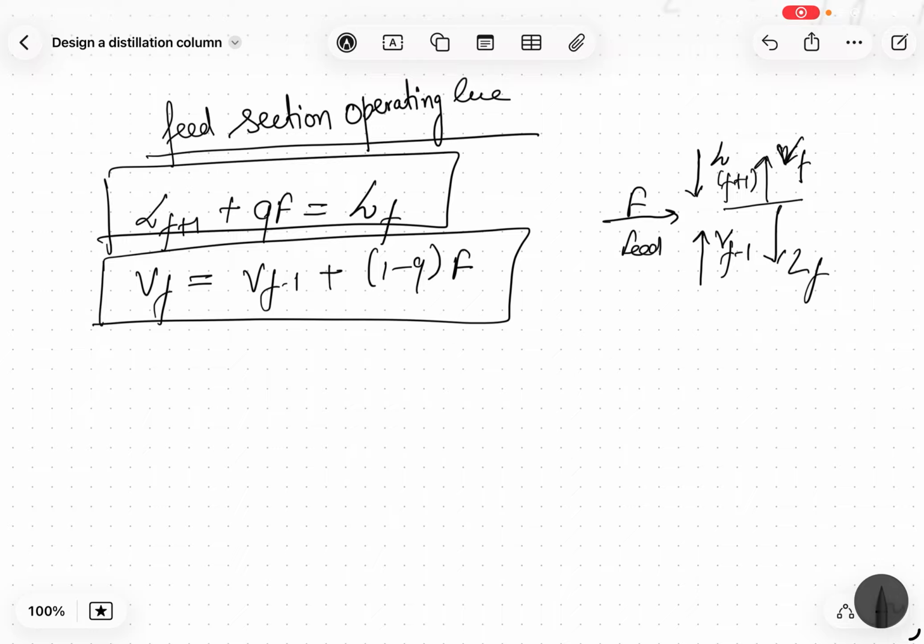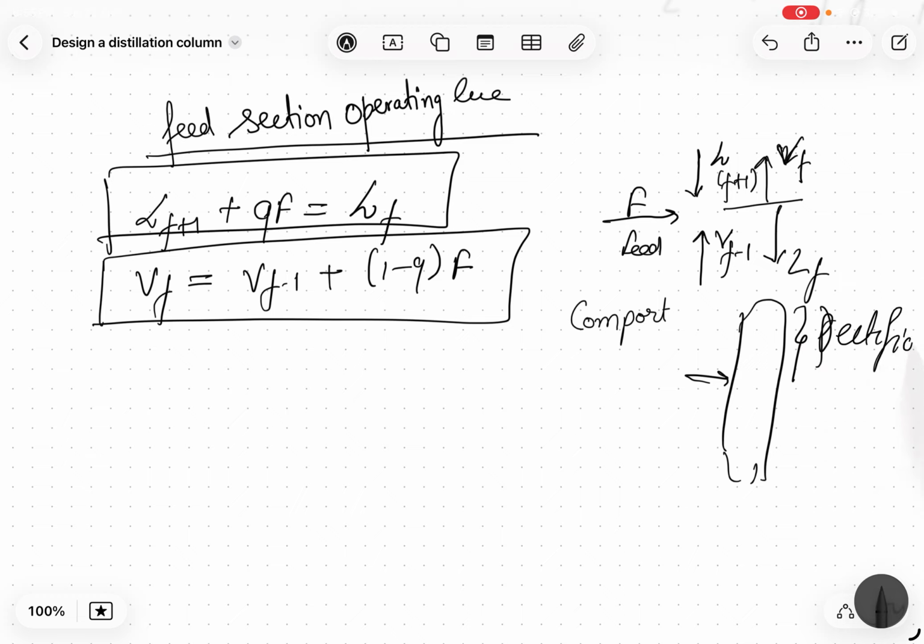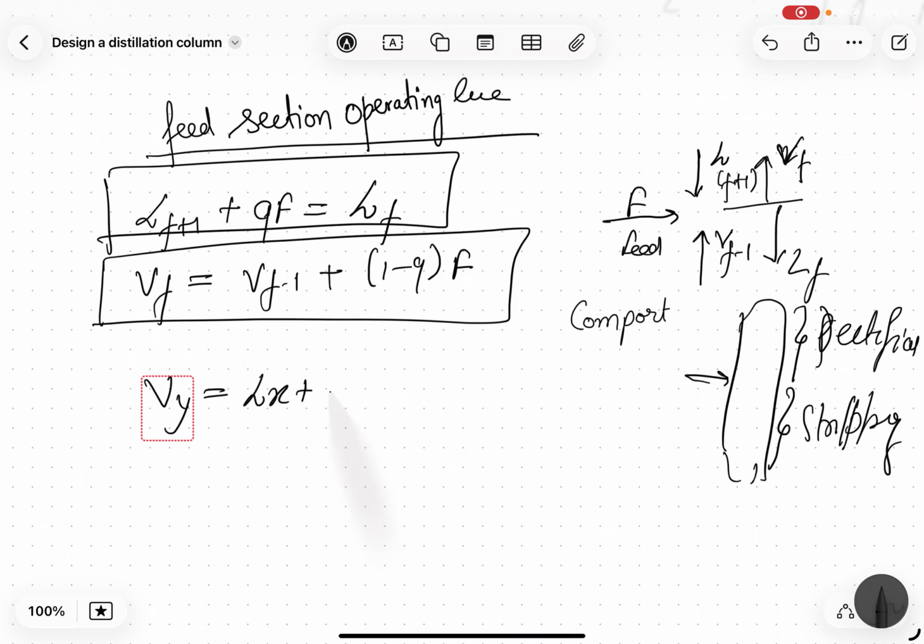For the component balance of the most volatile component, component 1, in the rectification section above the feed tray and in the stripping section, the balances look like this: V times Y is equal to L times X plus D times XD for the top section.